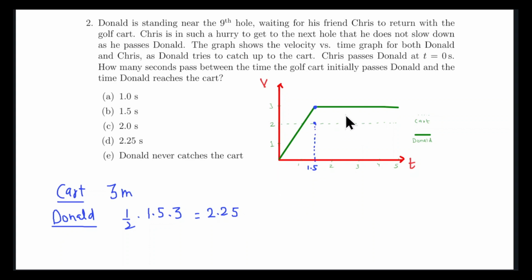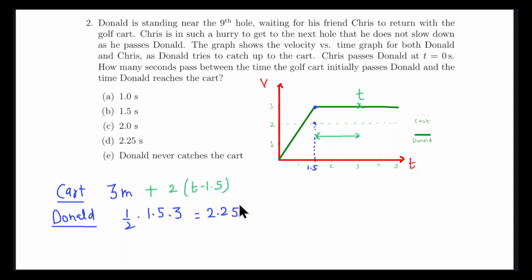Now I need some more time for Donald to catch up with Chris. So for the cart, let's say it happens at some time t that I do not know, some time t over here. So can we agree that for that much more time after 1.5, the area of the cart will be height, which is 2, multiplied with whatever length we have over here, which is just t minus 1.5.